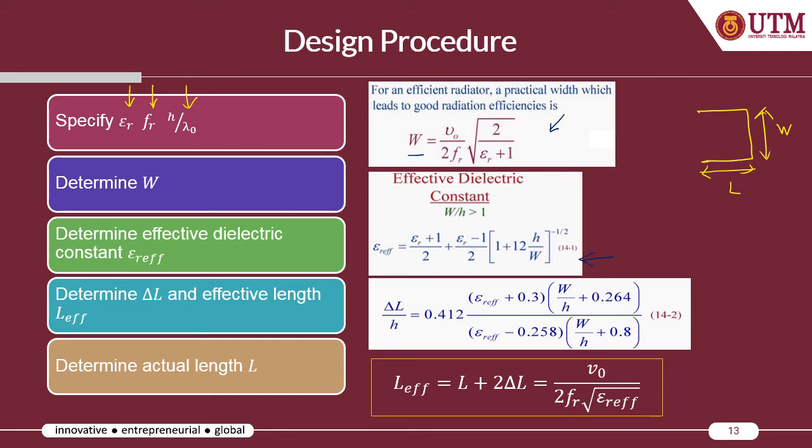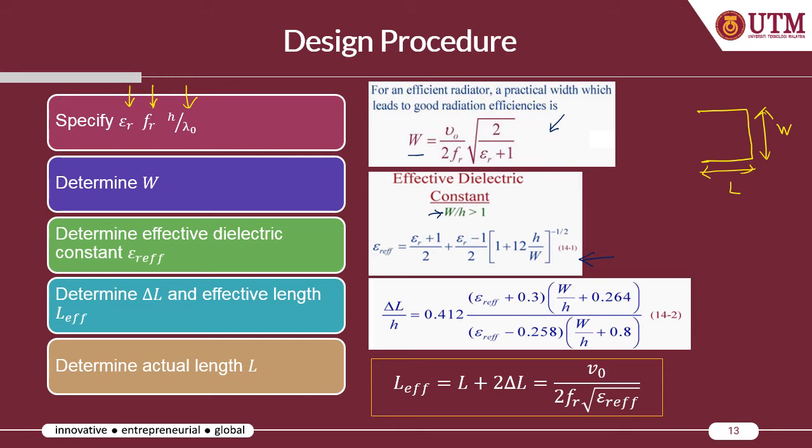It depends on epsilon r, the relative permittivity of the substrate material, and the ratio between H, the thickness, and the width of the structure. And this is valid for the ratio W divided by H larger than 1.